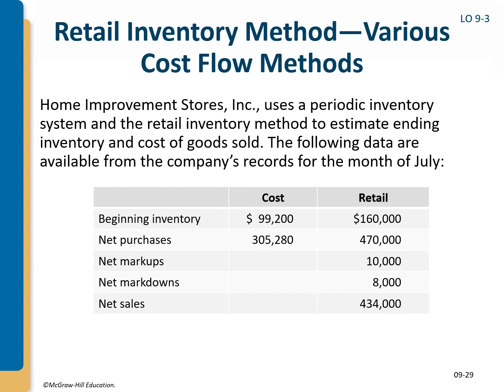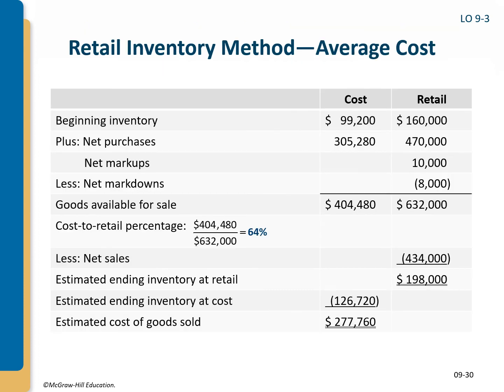So how would we calculate the retail inventory method? Well, we would do the same type of schedule. Let's add up all the costs of our beginning inventory and our purchases. Now, this is called the retail inventory method average cost. And when you're using the average cost method, you include markdowns, but you subtract them because they decrease your retail value, right? So beginning inventory, that's at its original selling price, and so are the purchases. The net markups occurring during the year are tracked.